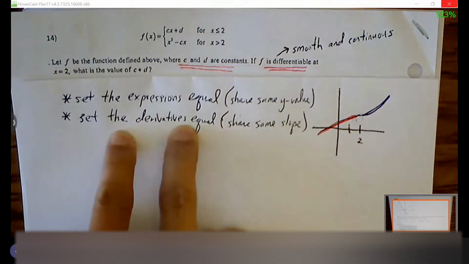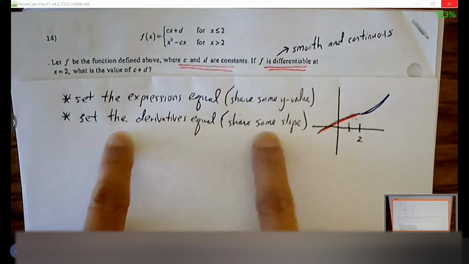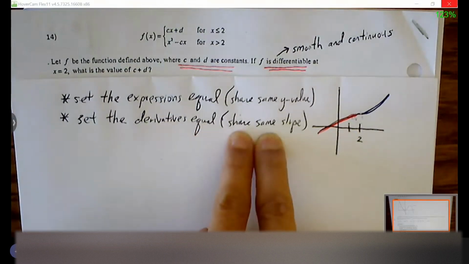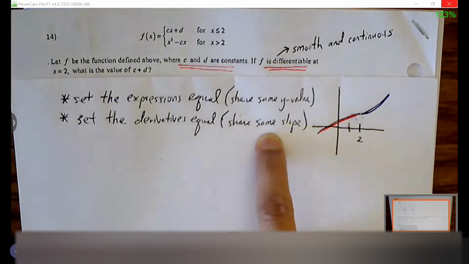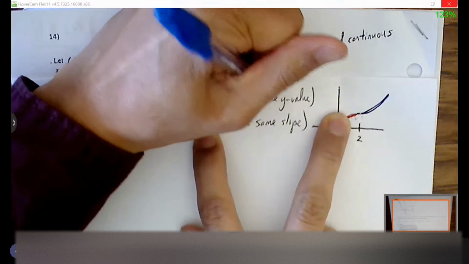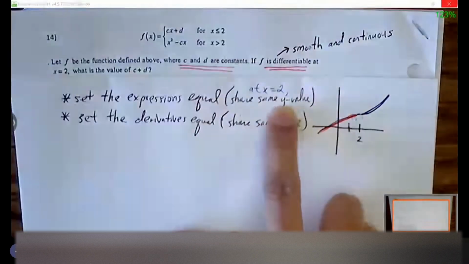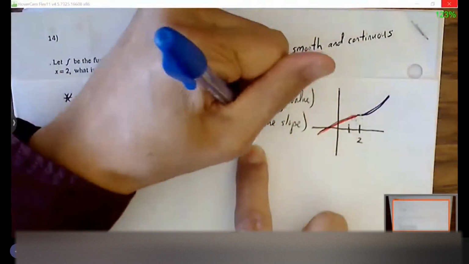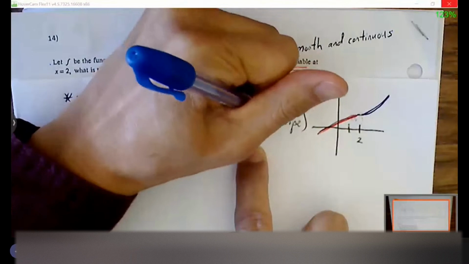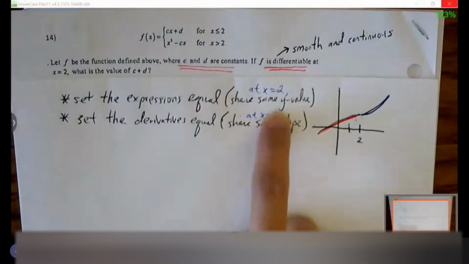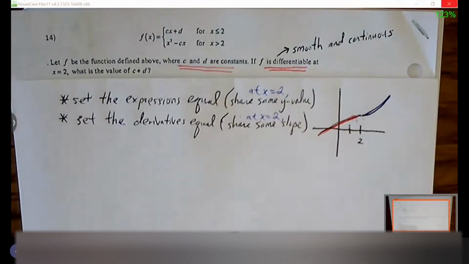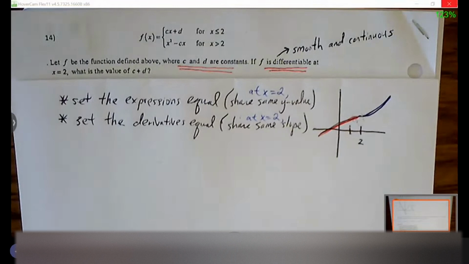That means we can set their derivatives equal to each other, because at x equals 2, they must also share the same slope. Let me put that additional step here. So at x equals 2, they're going to share the same y value. At x equals 2, they're going to share the same slope. So this is how we're going to create our two equations that we need.